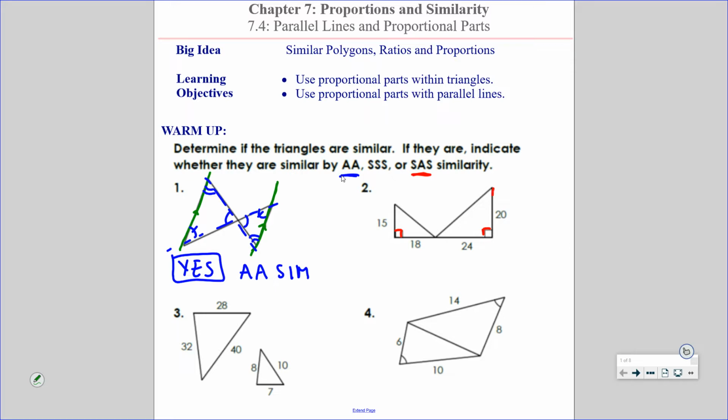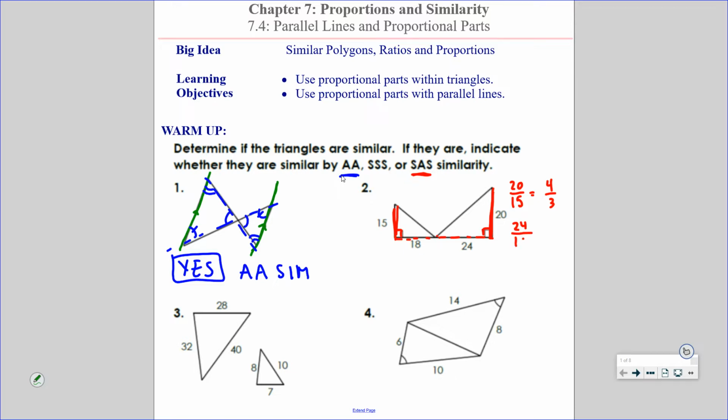All right, so however you want to write the ratio of the corresponding sides, I usually start with my bigger triangle, like 20 to 15, which you can reduce by dividing them both by 5. That's 4 to 3. So you have to check if that ratio is proportional, or the same as the ratio of the other corresponding side, which would be 24 to 18.